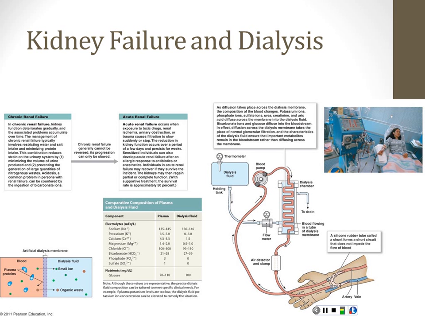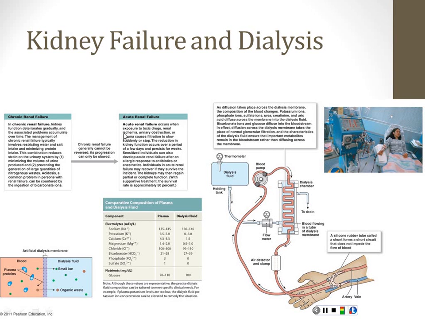And acute renal failure usually results from some ischemia or a toxin. So let's say somebody isn't paying attention and a patient is given a dose of gentamicin, which is an antibiotic, that's 100 times greater than what it should be. They will, by the end of the day, be in acute renal failure because that particular antibiotic attacks kidney cells and causes them to shut down.